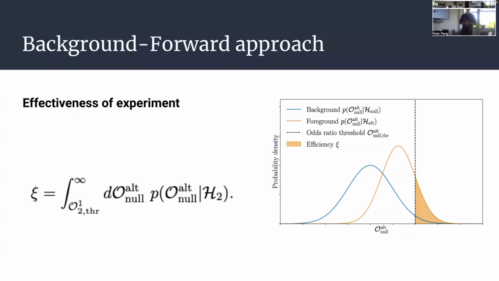Then compare these two and see how much of the probability mass of the foreground distribution actually exceeds my threshold. Then I can calculate something often referred to as the efficiency. Therefore, given this alternative hypothesis, how likely can I actually see something that I would say is a discovery.